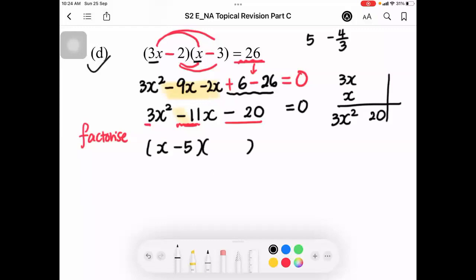I put minus 5. The other one will be the number 4. 4 times 5 is 20, right? So this one here, I'll put a positive 3x plus 4. Let's check. This is for x. This one, negative 15x. Add them together, negative 11x. Positive times negative equals negative. So this answer is correct over here.